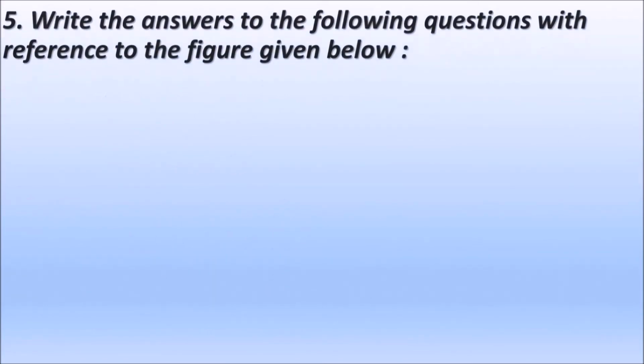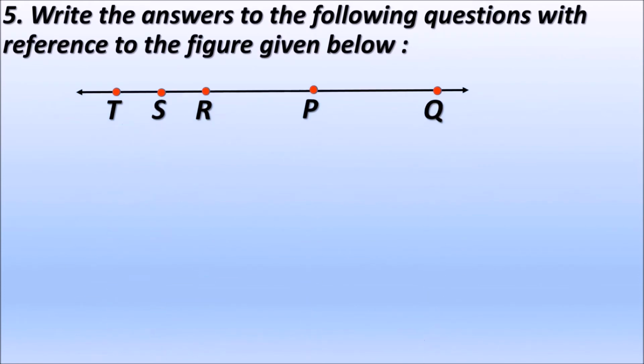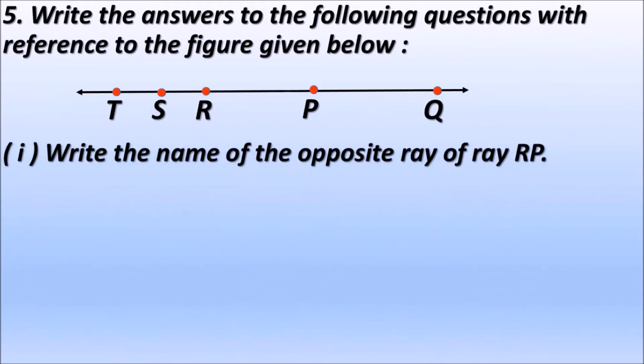Here we have the next question. Write the answers to the following questions with reference to the figure given below. Here we have the figure. With the help of this figure we have to answer the following questions. The first question is, write the name of the opposite ray of ray RP. Look at this figure. You can see a ray with yellow color, I'm talking about this ray.